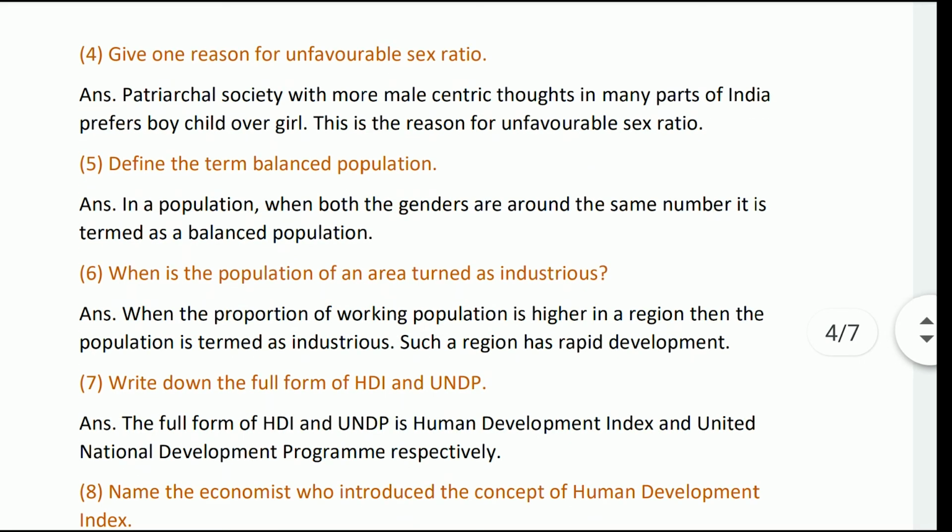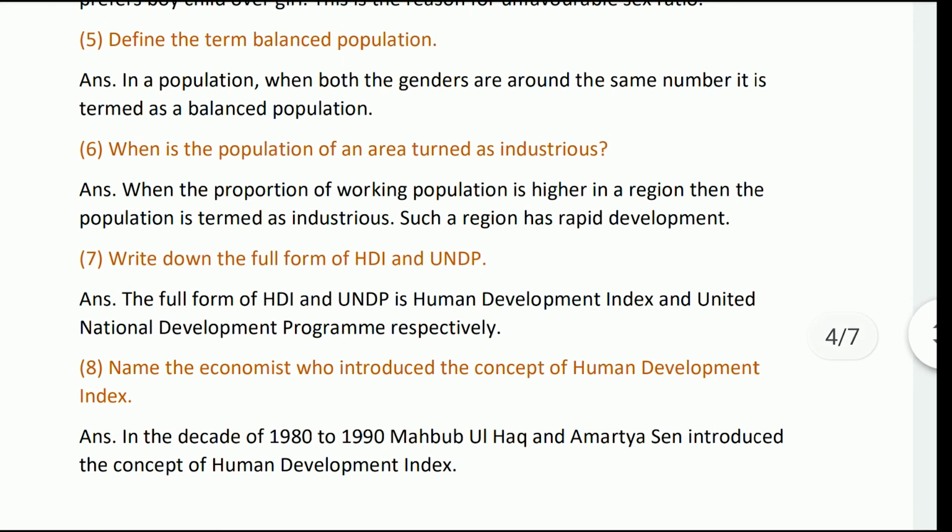Give one reason for unfavorable sex ratio. Define the term balanced population. A population where both the genders are around the same number is termed a balanced population.